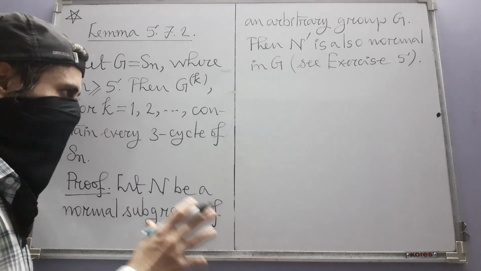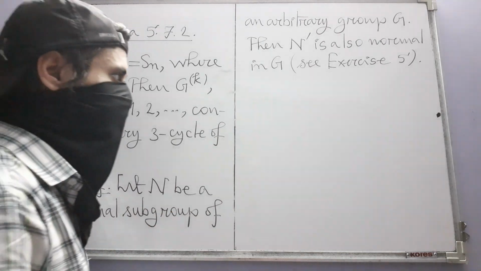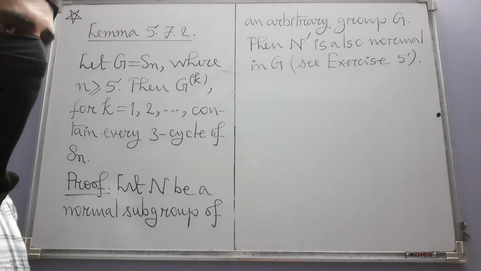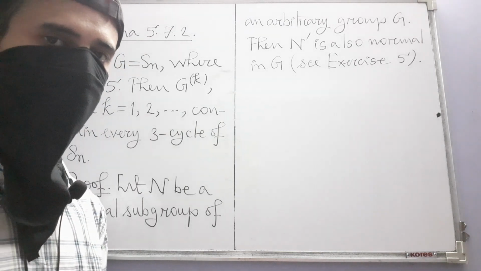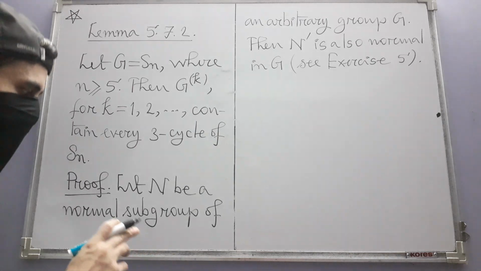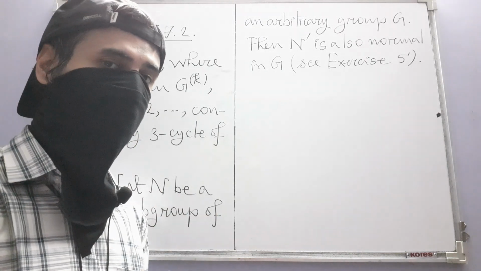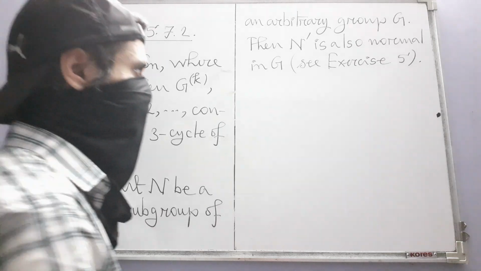Alright, so now we start the actual proof. In this proof, now we are going to start off by taking a normal subgroup n of G. This time, however, G is our Sn, which contains all the 3 cycles of Sn.